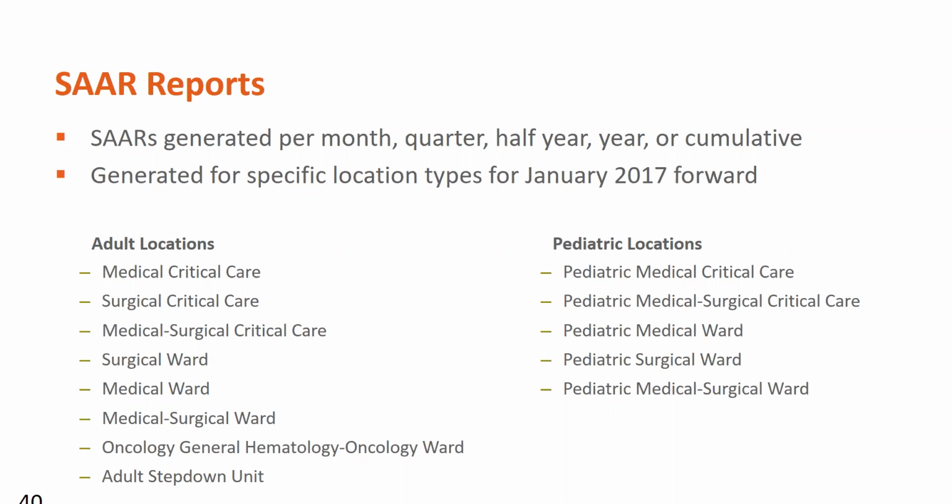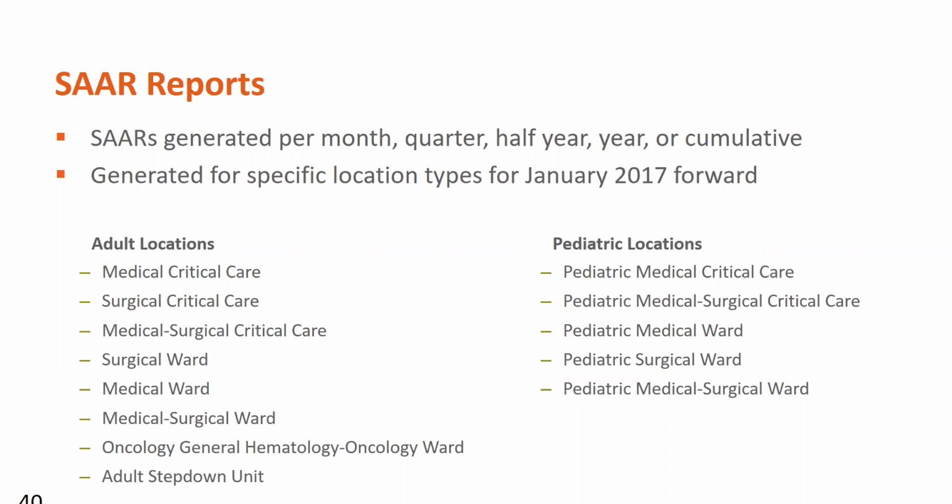So that just goes to say that if you are reporting data from a unit that is not mapped as one of these location types, so let's say you have a specialty orthopedic ward, for example, that is not on this list, you cannot generate a SAR for that location type.